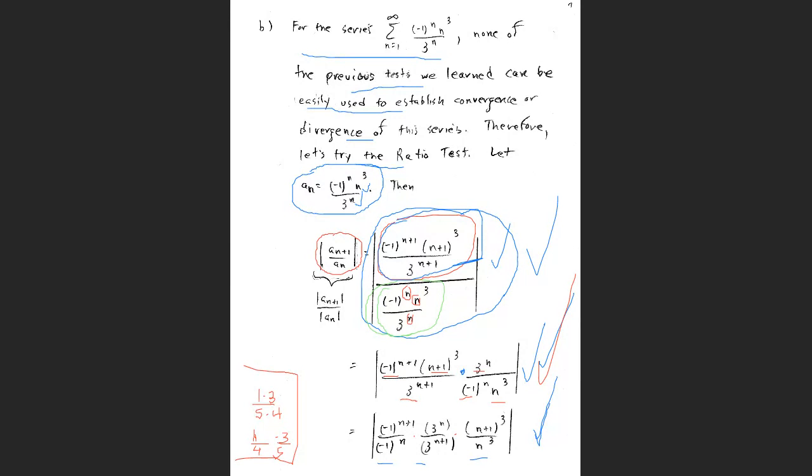So -1 to the n plus first divided by -1 to the nth, what would that equal? The bases are the same. What do you do with the exponents?